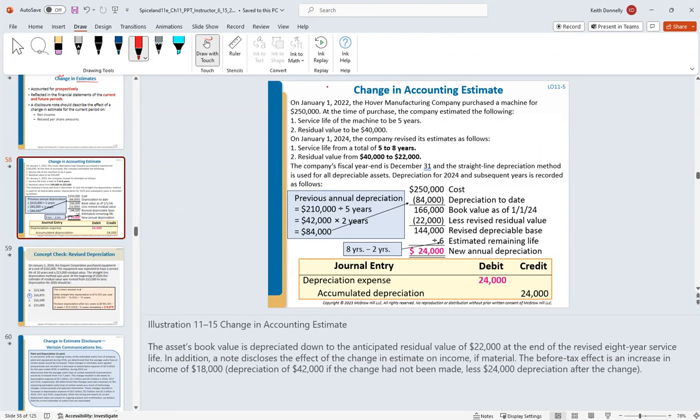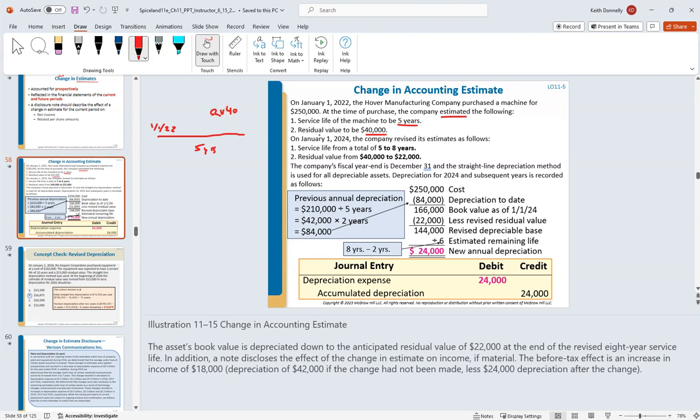So we have an example here, right, on January 1st, 2022, on 1/1/22, they purchased a machine for $250,000. At the time, their starting estimate was that this thing is going to last 5 years, and there's a residual value of $40,000.